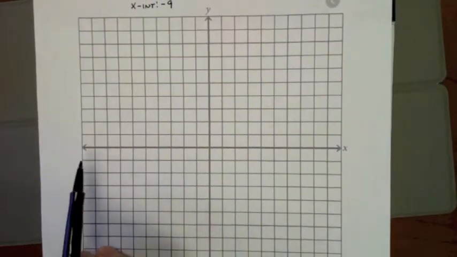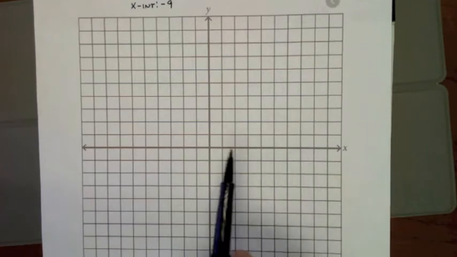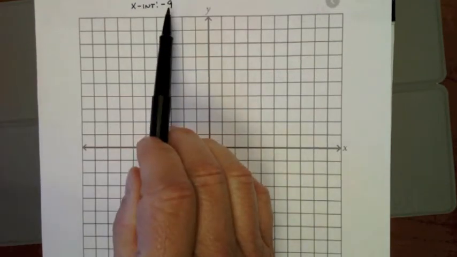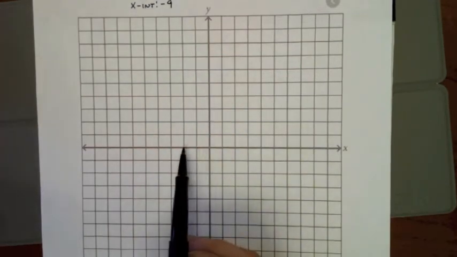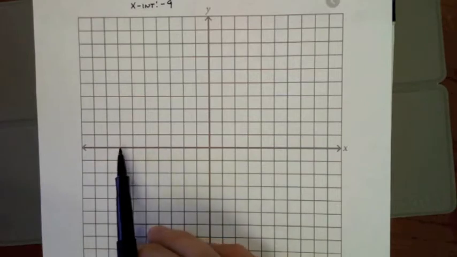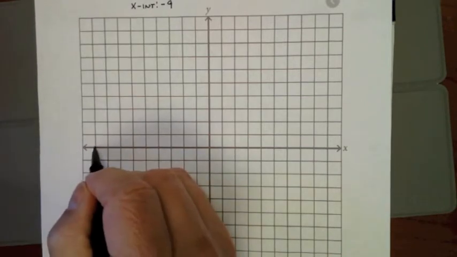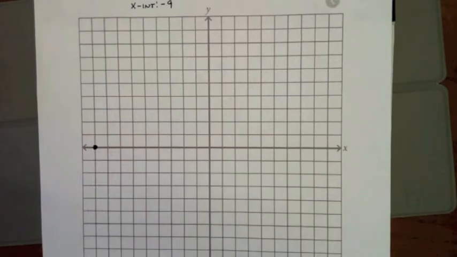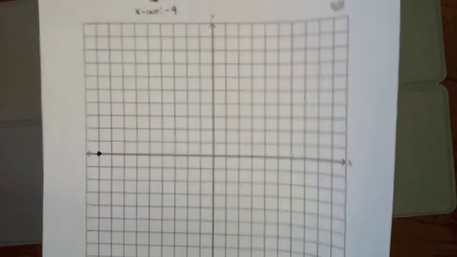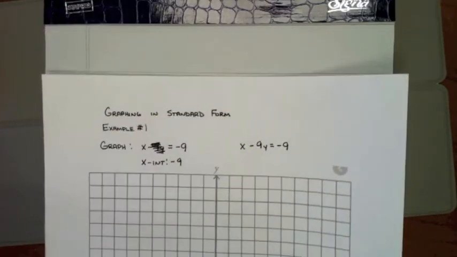So I go to my graph, find the X-axis, and on the X-axis, I graph -9. So 1, 2, 3, 4, 5, 6, 7, 8, -9. -9 is right there.